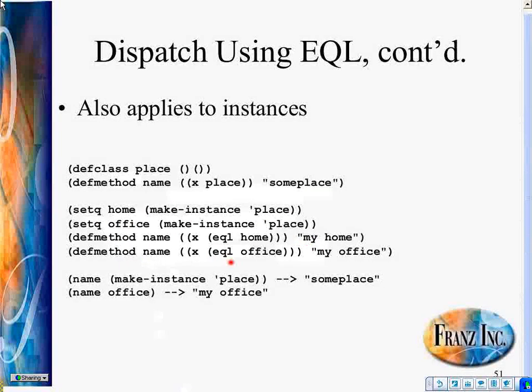Then the name is my home. When it's equal to this office instance of place, it's my office. And so we just take any instance of place and apply the name to it. We get someplace. But when we apply it to office, we get my office. Notice these aren't symbols. They're actual objects, instances of the class place.